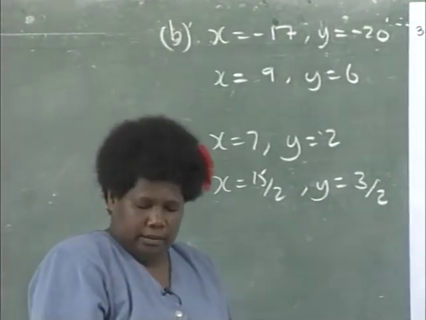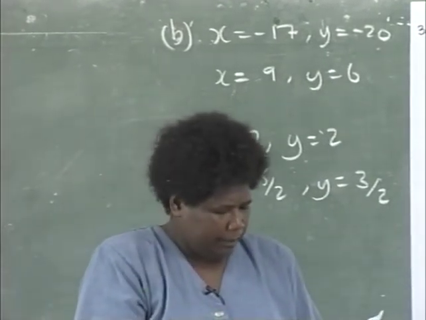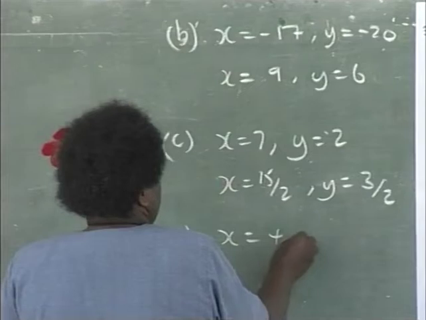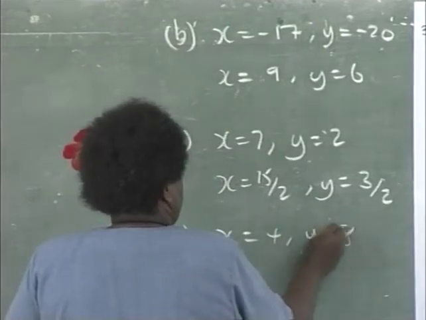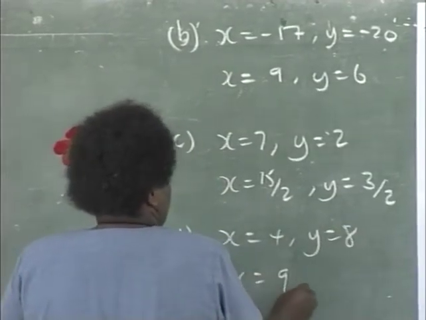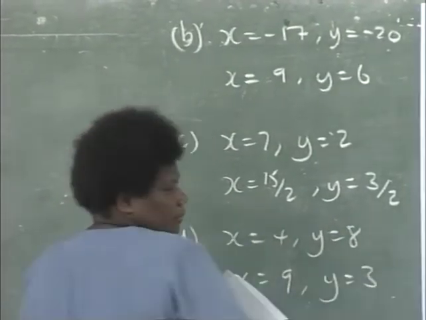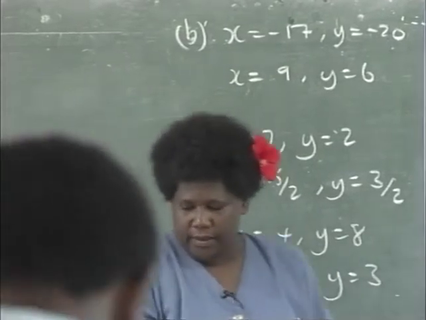Right, letter D, Agnes. X equals 4 and y equals 8, or x equals 9 and y equals 3. Does the class agree so far?